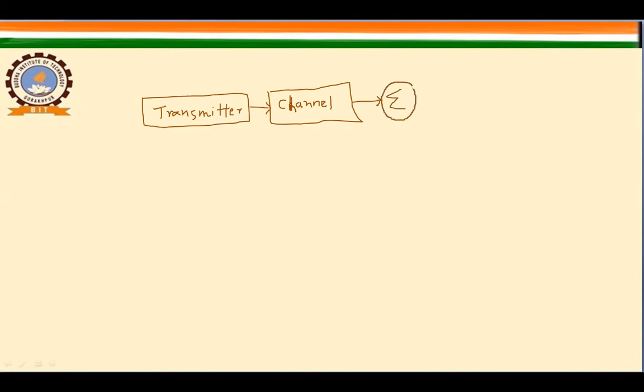Due to that there is a propagation delay, so all the signals do not reach at the same time, and the signals are also not on the line of sight, so we get multiple propagation paths at the receiver side.